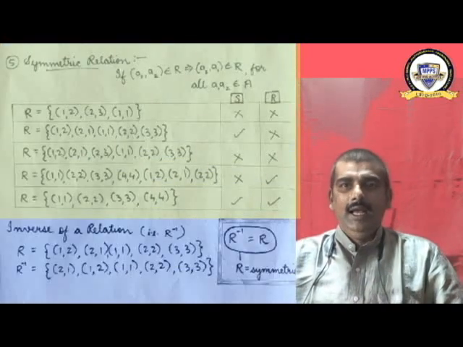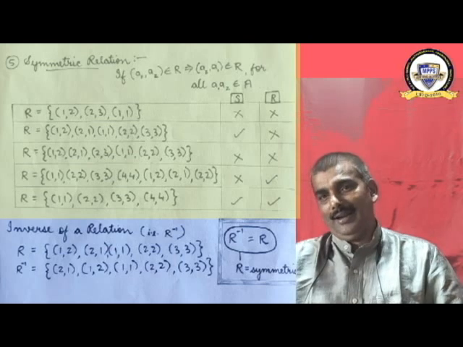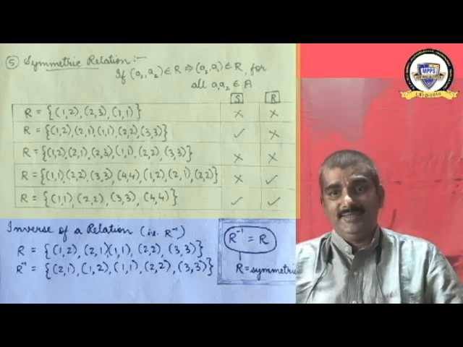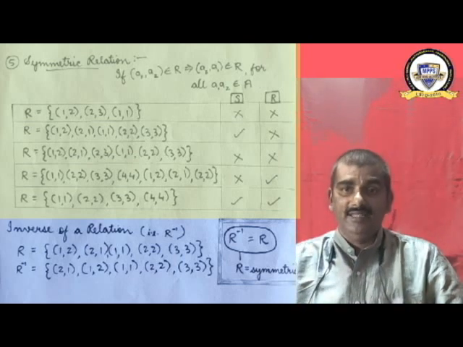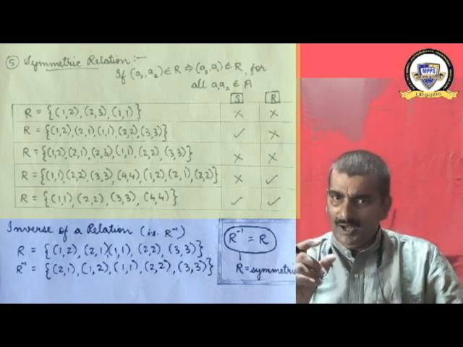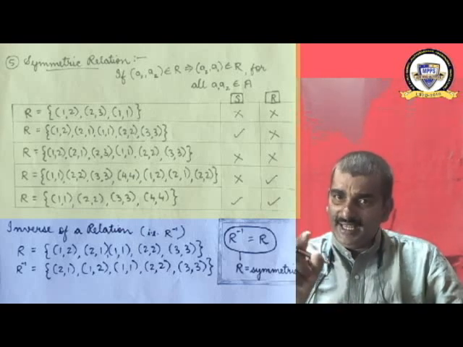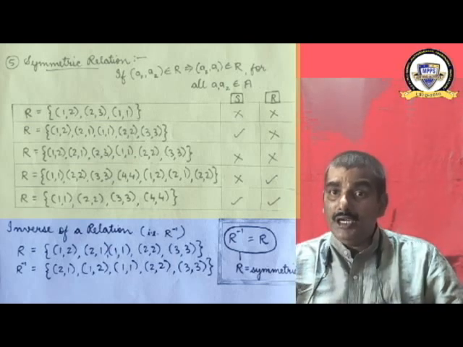Thank you. Now the next type is the symmetric relation. Here again some more conditions are there. Carefully listen: if a1,a2 is there in the relation R, there must be a2,a1 also.